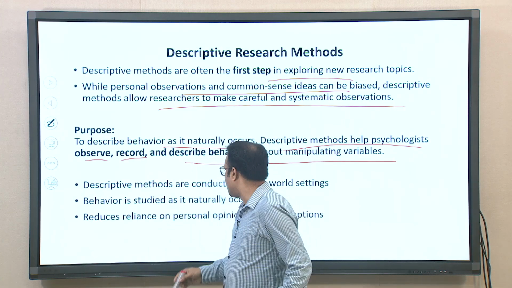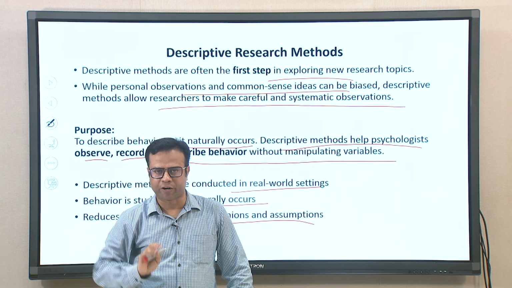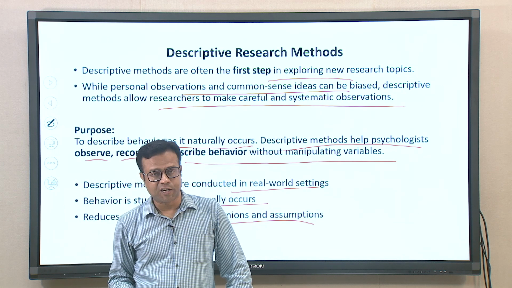Descriptive methods are conducted mostly in real world settings. Wherever the things are happening as they are, you just go, observe and accurately record it. Behavior is studied as it naturally occurs, which reduces reliance on personal opinions and assumptions. You do not have to put in your personal opinions and assumptions. The way it is happening, you just record it. That is called descriptive research.